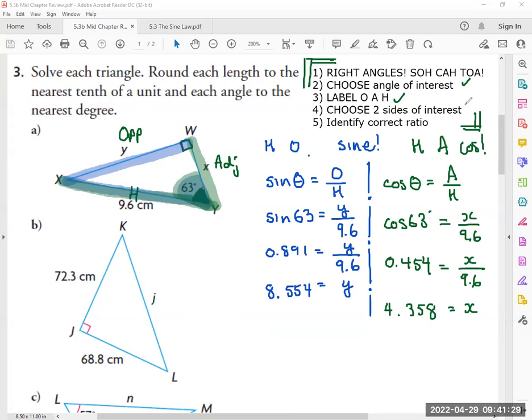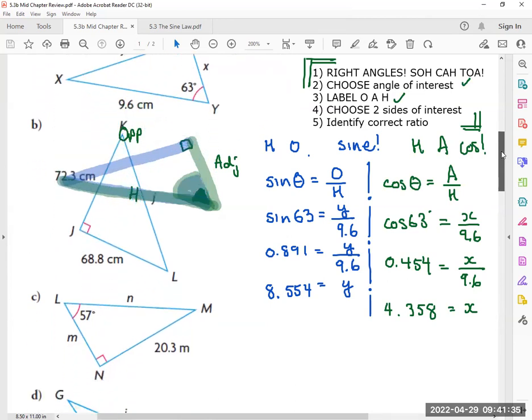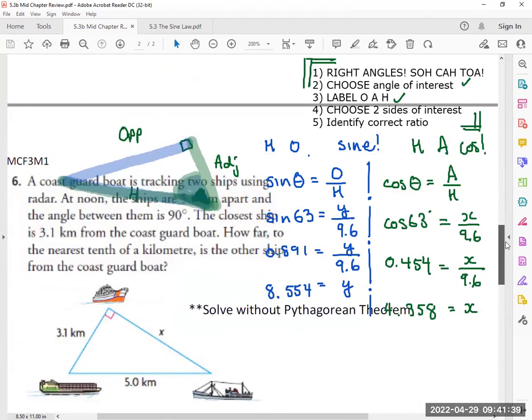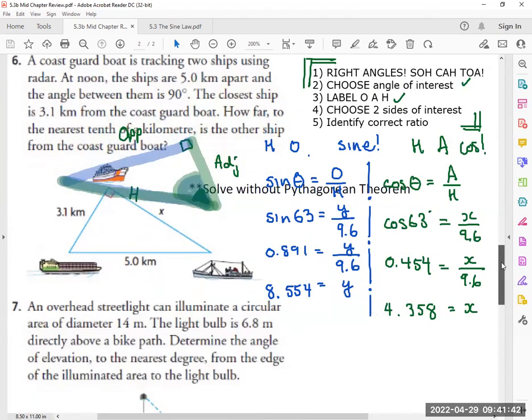No? Okay. You sure? Let it be known what we are doing here is exactly the same no matter what question you have, as long as it is dealing with a right angle triangle.